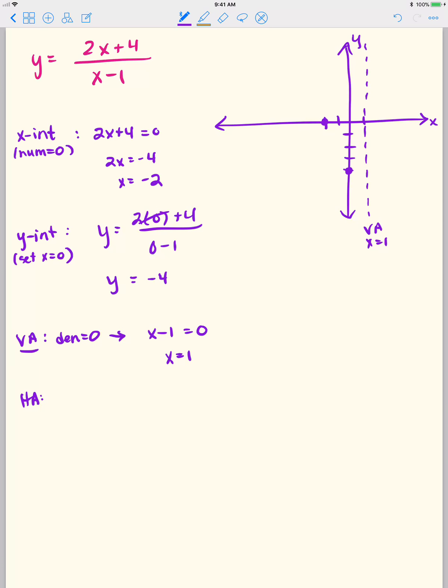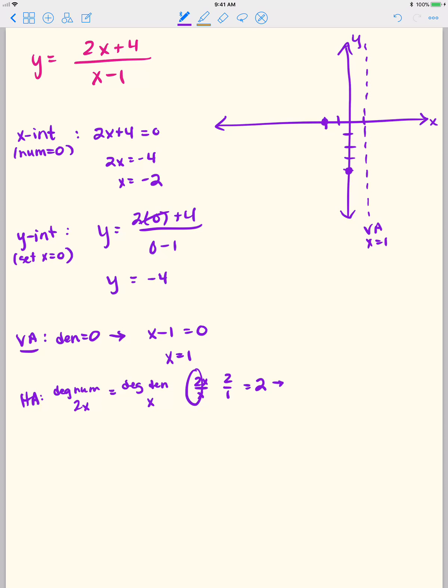Looking at any horizontal asymptotes, that's going to be where you compare the degree of the numerator to the degree, the highest power, on the denominator. This one happens to be 2x on top and x on the bottom, so they're equal because both x's are powers of 1. So if you look at 2x over x, and you look at the coefficients, the 2 over 1, you get the value of 2.